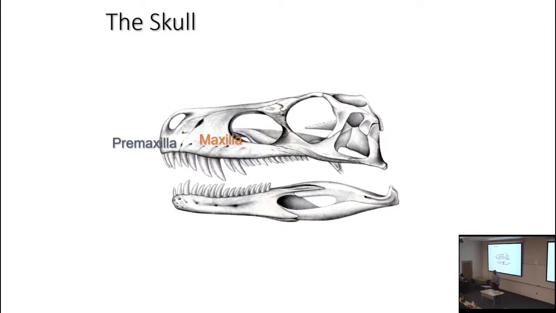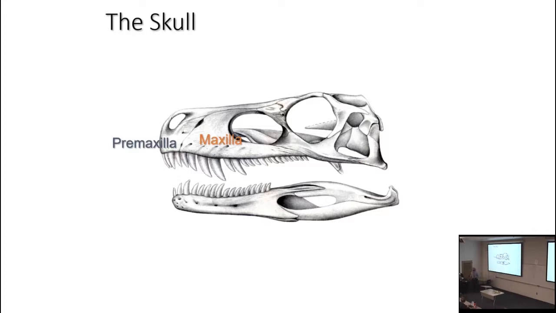So the maxilla is typically the larger of the two. It is definitely the posterior of the two. The premaxilla is in front of it. In our case, our premaxillae have our incisors, and our maxillae have the canines and everything back. Canines, bicuspids, molars, as we call them in humans.